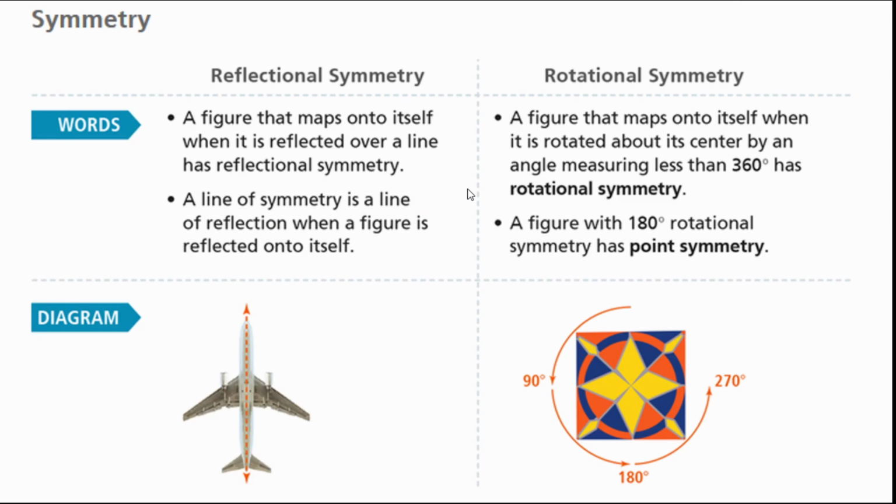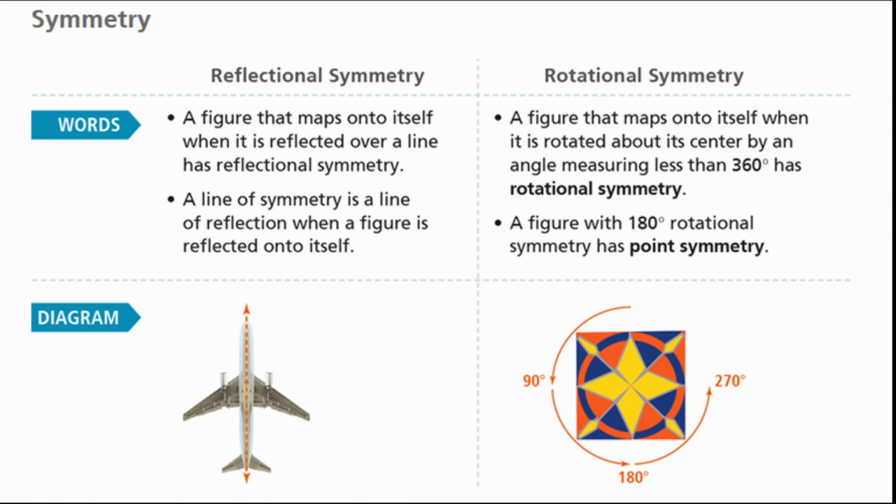Here is our topic conclusion or recap. A figure that maps onto itself when it is reflected over a line has reflectional symmetry. And a line of symmetry is a line of reflection when a figure is reflected onto itself.